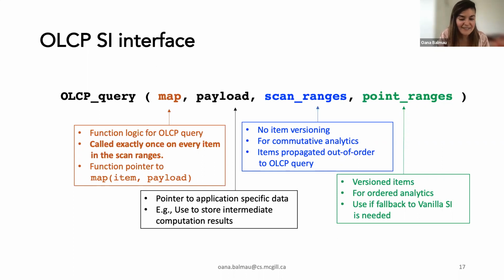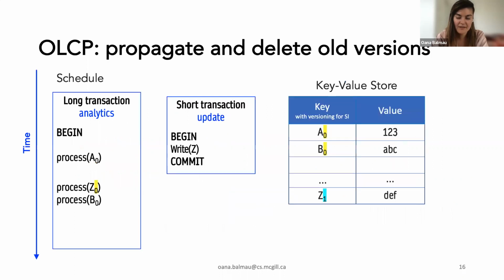So I'll take the question now. Yeah, actually, my question is on the previous slide, and a follow-up to what Manos just asked. I'm just trying to wrap my head around it. In the absence of a write-ahead log, what happens if the short transaction rolls back?